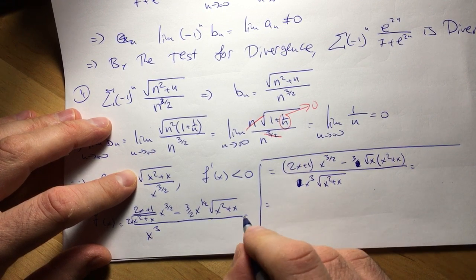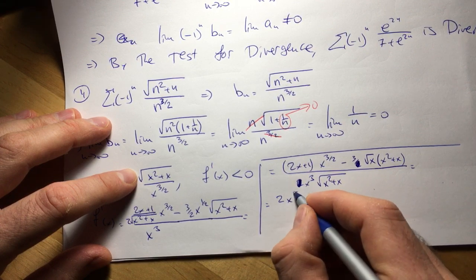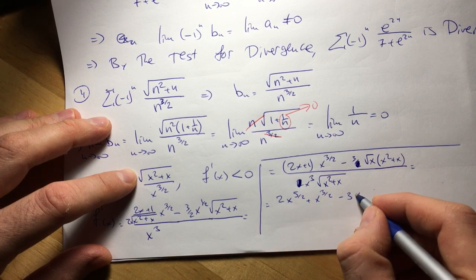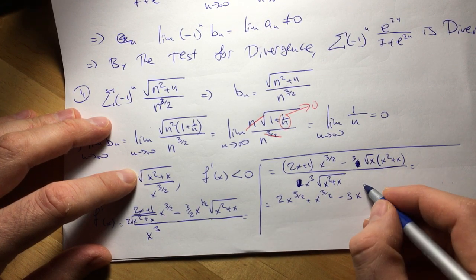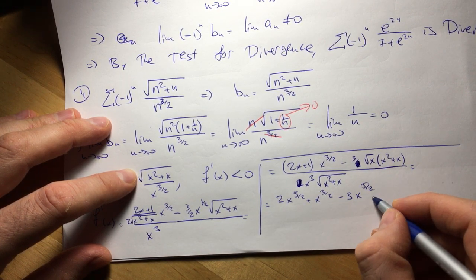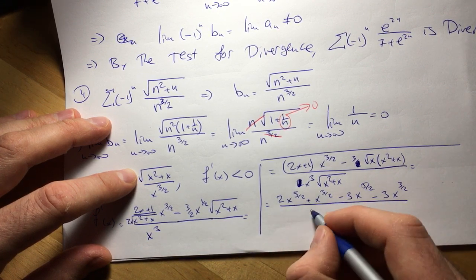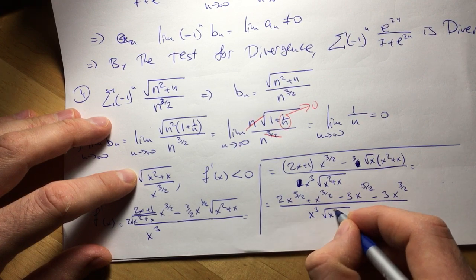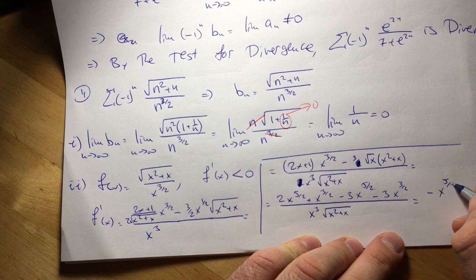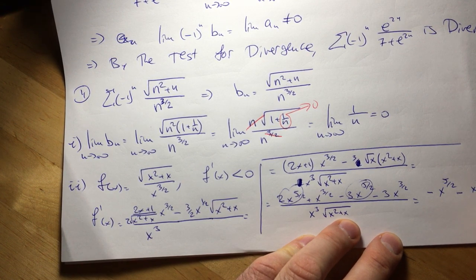And then all I have to show is that this is negative, so here it's 2x to the power 5 over 2 plus x to the power 3 over 2 minus 3x to the power 5 over 2 minus 3x to the power 3 over 2 over the denominator, which is positive, and I don't care about it because it's positive, right? This moment, so this is negative x to the power 5 over 2 minus x to the power 3 over 2.